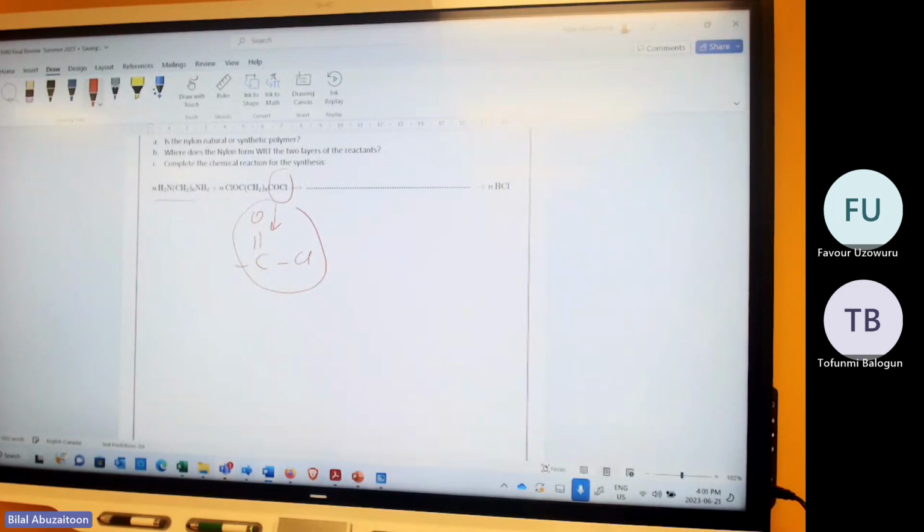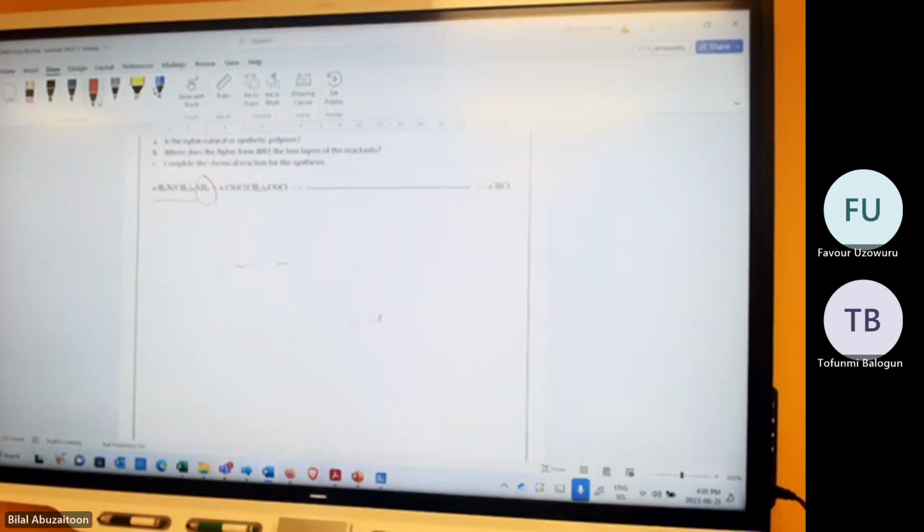The other compound has NH2. Now one of the H's here, on the NH, with this Cl leaves as HCl. So we bind the N with the C directly. Clear?